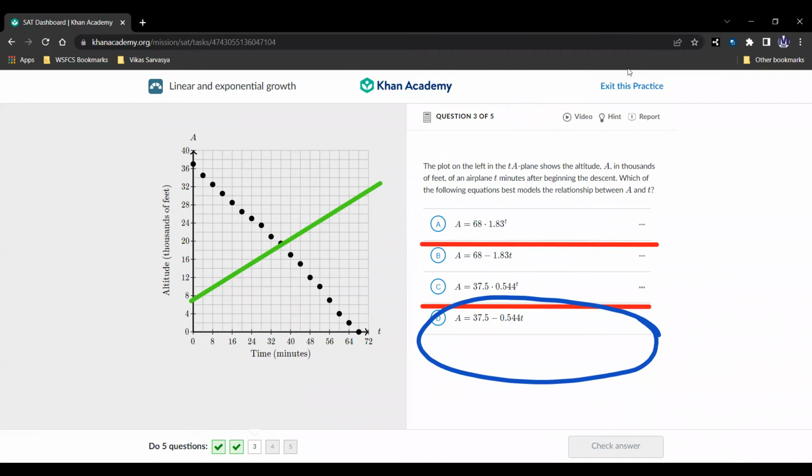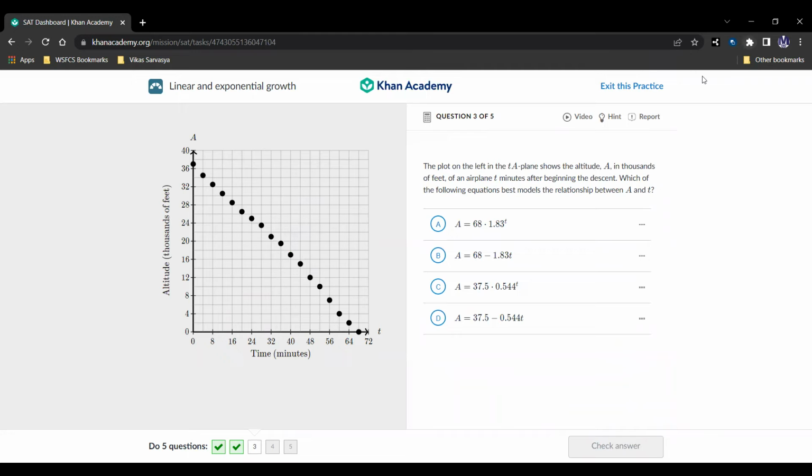All right, next question. We don't even have to read the answers or the prompt at this point. We can just think about how we approach this problem. We again have another linear graph pointed down, starting at what looks like 37 or 38. So we can see 37.5 is given out in here.